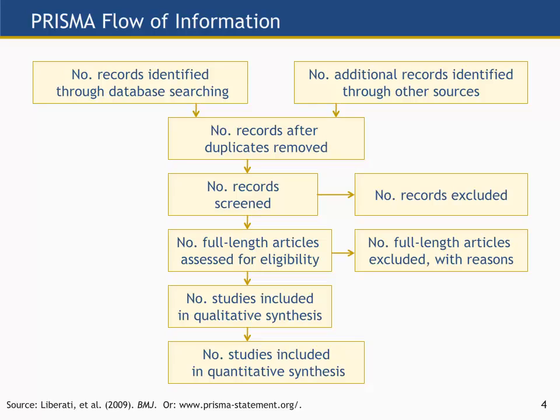The flow chart that's shown here shows you the various pieces of information you need to have recorded. On the left at the top, number of records identified through database searching. So you would add up the total number of hits that you found in PubMed, Embase, Cochrane, any of the subject databases, and put that in the box on the left. Box on the right, you would include the number of records that you found through any of the review of reference lists, tables of contents, other snowballing techniques.